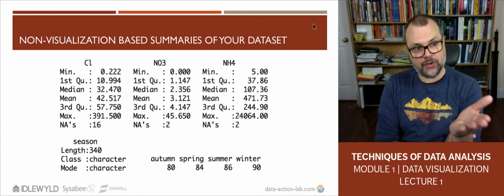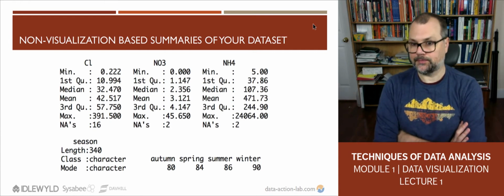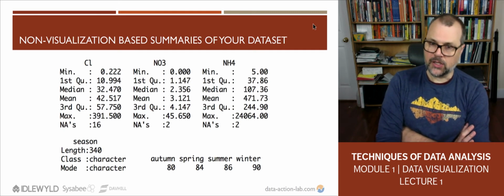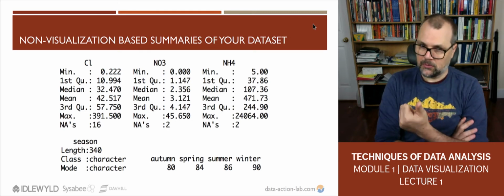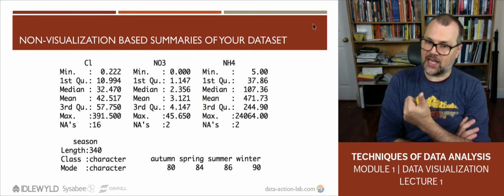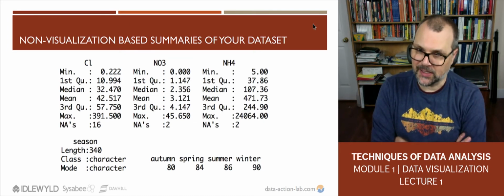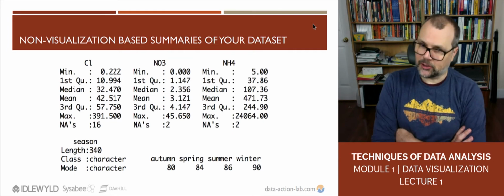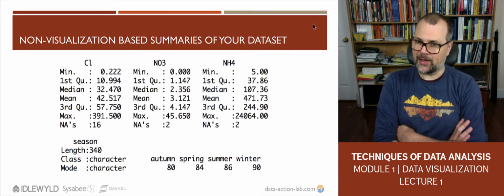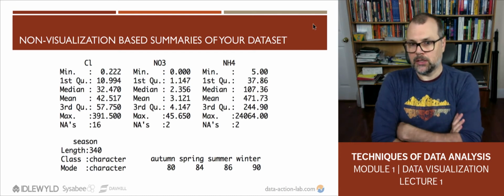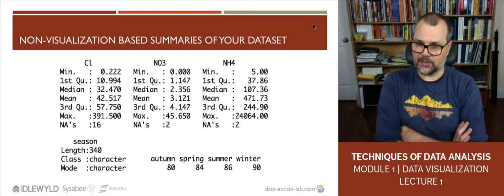If I give you this summary of a data set, can you figure out how many variables I have in my data set, how many observations I have in my data set, what the variables are, what this data set is about? Are you able, just by looking at this summary, to say something about this data set?